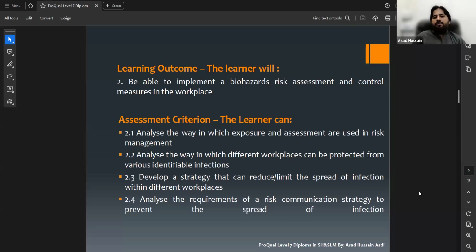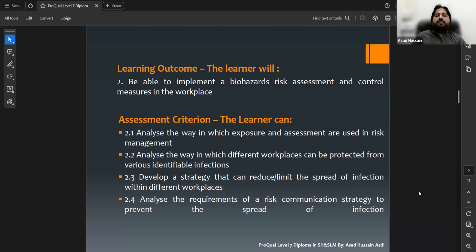For example, if you have performed a good risk assessment about the infection and even identified the infections, but that is still with you, the health and safety professional, or with the top management, then it will not work, because only identification and development of strategy is not enough.